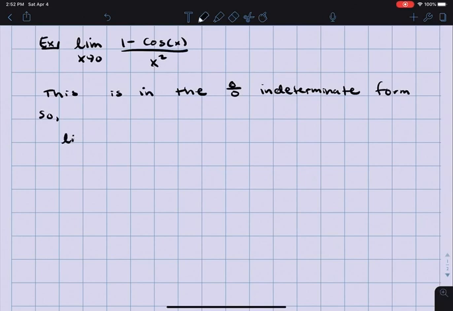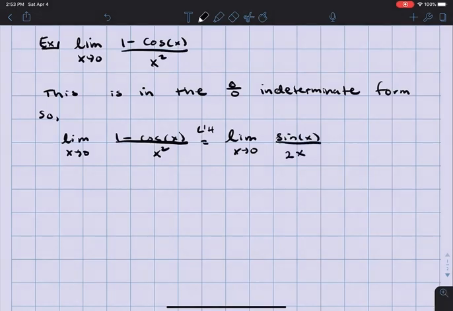So we go ahead and do it. We take the derivative of the top and bottom and get that the limit as x goes to 0 of 1 minus cosine of x over x squared is the same as the limit as x goes to 0 of sine of x over 2x. At this point, we could use the fact that we know the limit of sine of x over x. But because the purpose of this video is to practice L'Hopital's rule, and our limit still has the indeterminate form 0 over 0, let's go ahead and use it one more time to evaluate this limit.